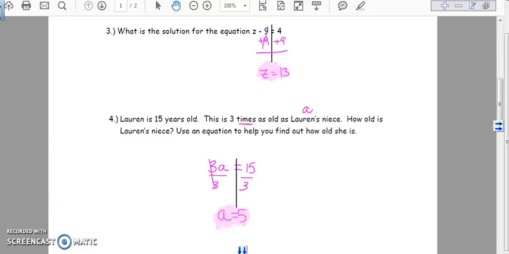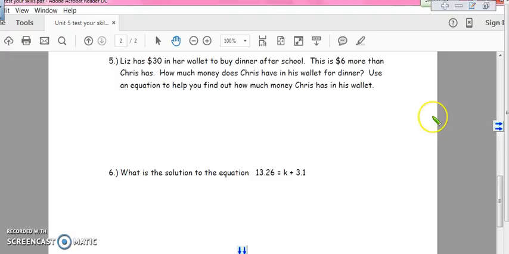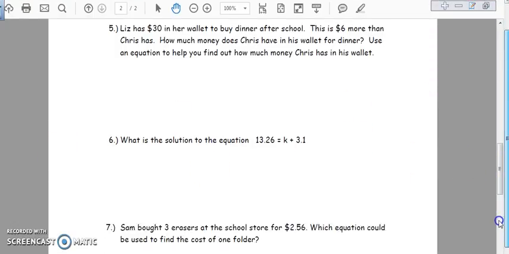Okay, let's keep going. Liz has $30 in her wallet to buy dinner after school. This is $6 more than Chris has. How much does Chris have in his wallet for dinner? Use an equation to help you find out how much money Chris has in his wallet. Well, we know that she has 30. And we have $6 more than Chris. Remember, more than makes things go at the end, and it's addition.